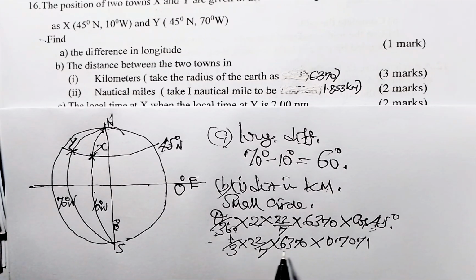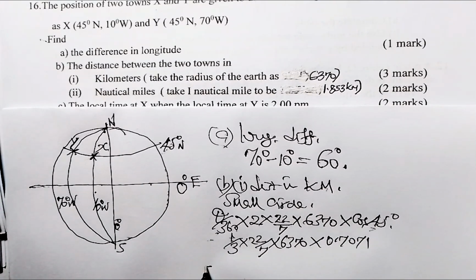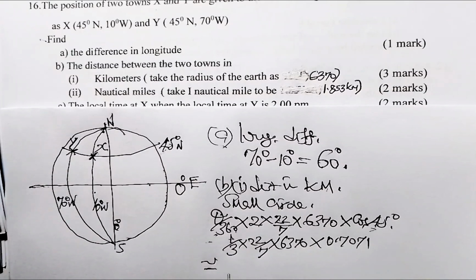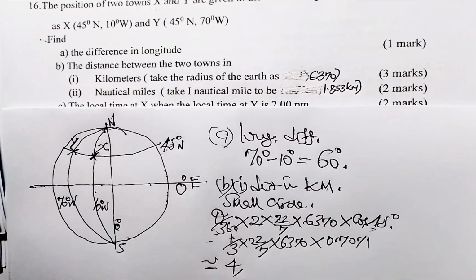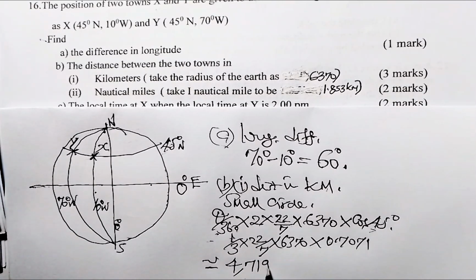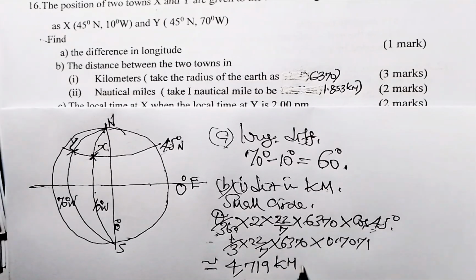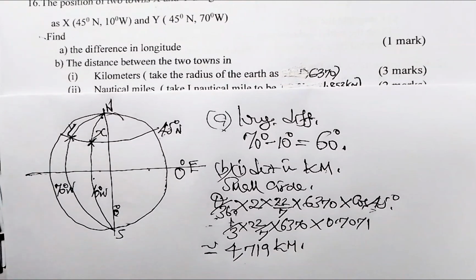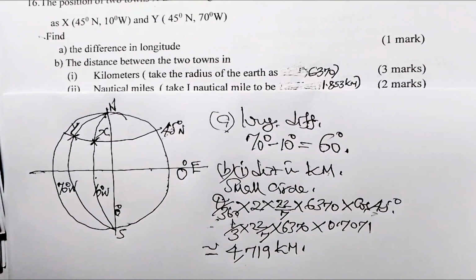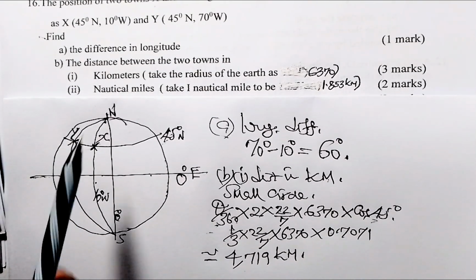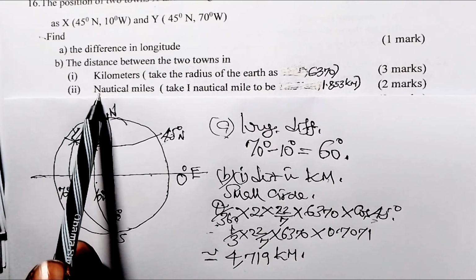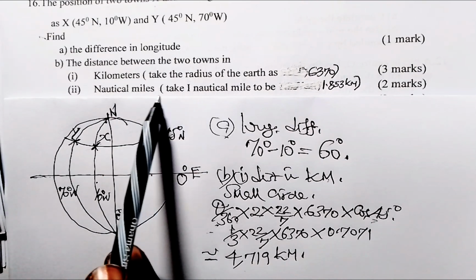Simplify all this using your calculator, and you're going to get an approximate value of 4,719 kilometers.